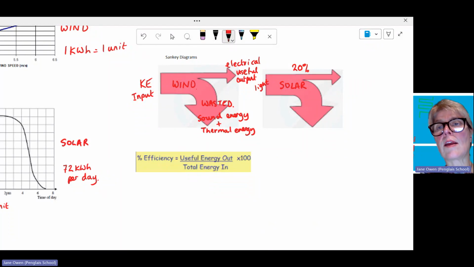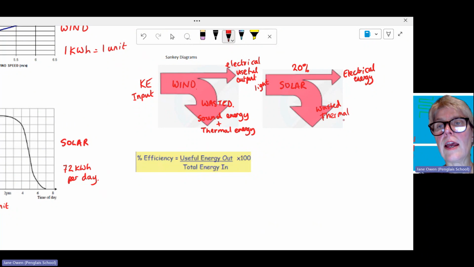The amount of energy that comes out as useful is electrical energy, because that's what we want out of it. And the wasted energy, again, is going to be thermal energy.